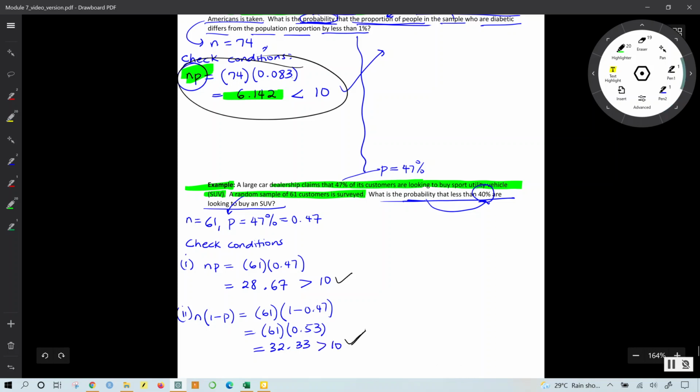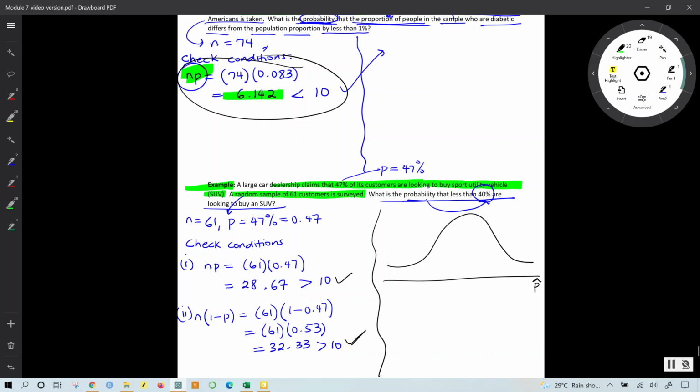So since those two conditions are met, I am free to use the normal distribution to approximate the sampling distribution of p hat. In which case, of course, the mean of all the sample proportions will be equal to p, which is 0.47, and the standard error of p hat will be p times 1 minus p divided by n, and then taking the square root of it.